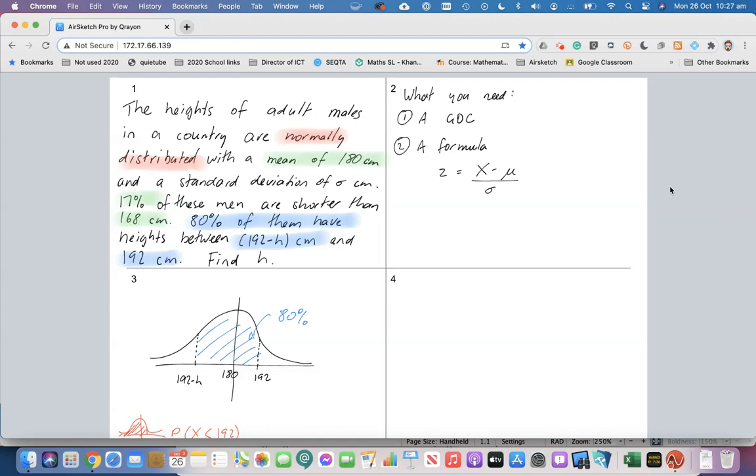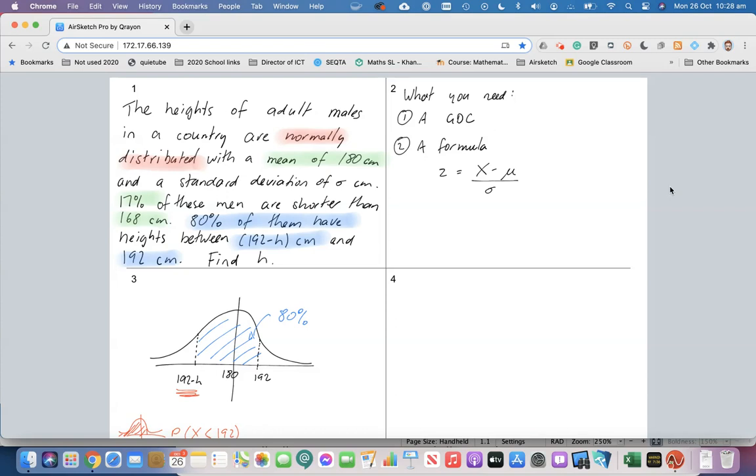If I want to work out this point, I just need to work out what all of this is and subtract what 80% is, and that'll give me what this is, and therefore I'll be able to work out h. That's the general approach here. You'll see that pan out in a second.